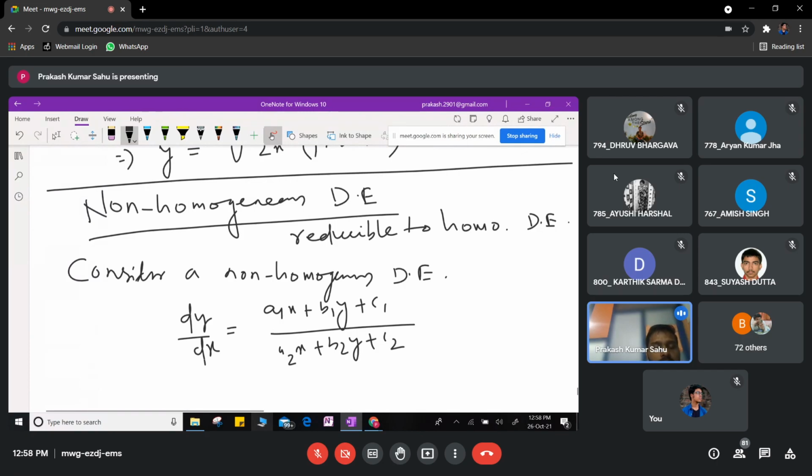So here you see this is non-homogeneous. Why? Because in a1x the degree is 1, in b1y the degree is 1, but in c1 the degree is 0. So the degree is mismatched here.